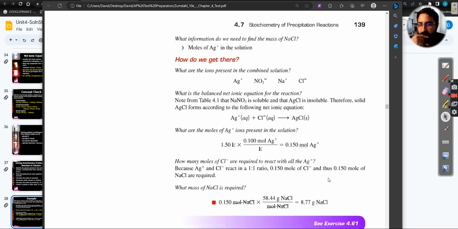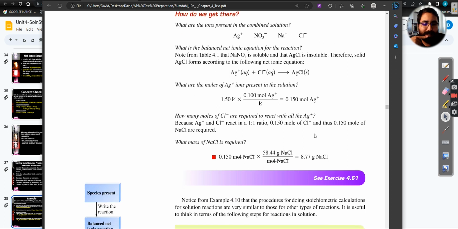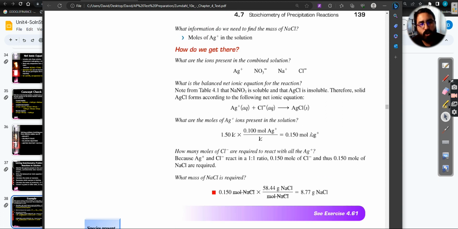All right, so check out the way they've done it. They went to moles of Ag+. It's not necessary to go to moles of Ag+. So there's more than one way of solving these problems. That's why I tell you don't really follow the guidelines, because the guidelines can sometimes just confuse you, because you're like, I must do this step. When in reality, you don't.